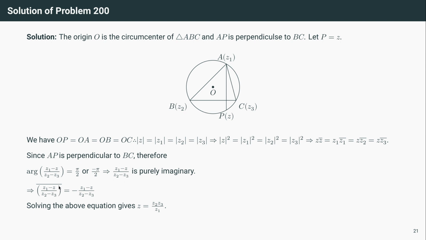And therefore, conjugate of this would be equal to minus of that. Now, once we have this equation, we use these equalities from here in this equation, solve this, and we will have z is equal to z2 z3 by z1. So with this, we come to the end of this set of problems.